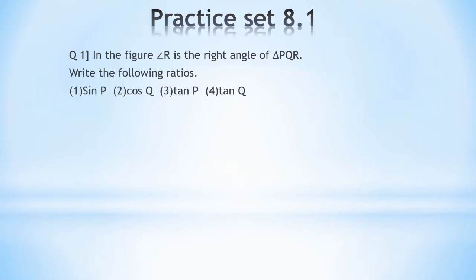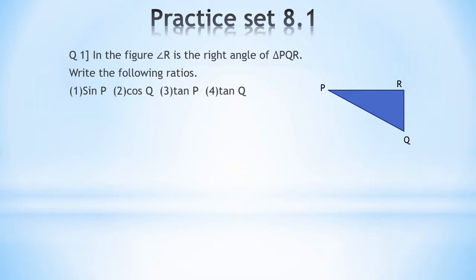Practice set 8.1. First question. In the figure, angle R is a right angle of triangle PQR. Write the following ratios: sin P, cos Q, tan P and tan Q. First, let us draw a triangle and name it PQR.